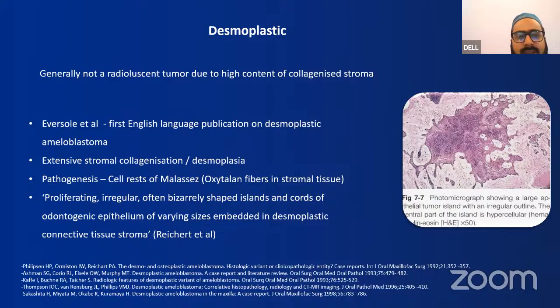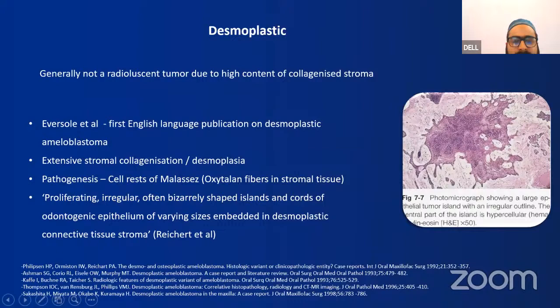Generally, it's not a radiolucent tumor, because there is a high amount of collagenized stroma due to desmoplasia. Regarding the desmoplastic type, the first publication in English literature was by Eversole et al. Earlier publications were there in Japanese literature.